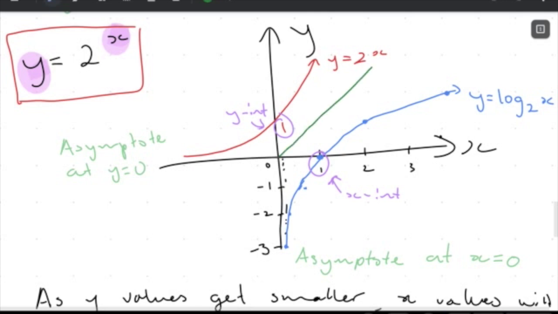If I draw in a line here, and this is the line y equals x, does it look like one is sort of a mirror image of the other? If you tilt your head 45 degrees so that this green line is perfectly vertical, you can see this mirror reflection happening.